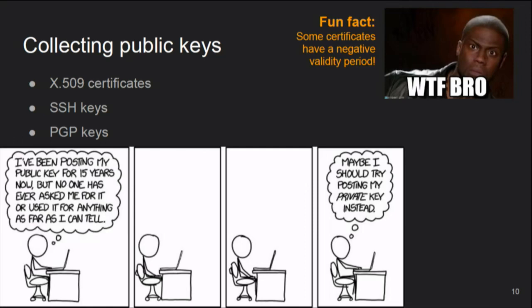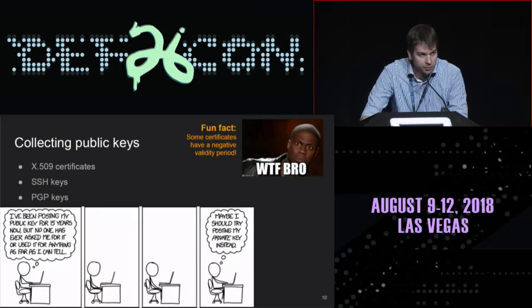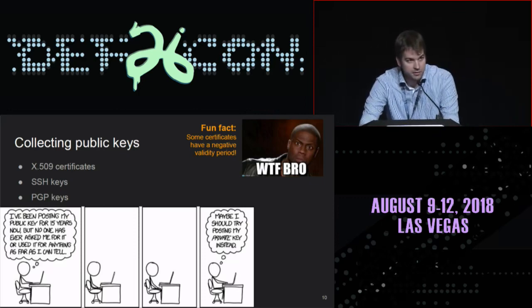We have found quite a few interesting results and also a few crazy things that we will talk about later in this talk. For example, as you know, certificates have a validity period. It's supposed to start being valid at some point and expire at a later date. And some certificates actually have a negative validity period. I mean, why would you do that?